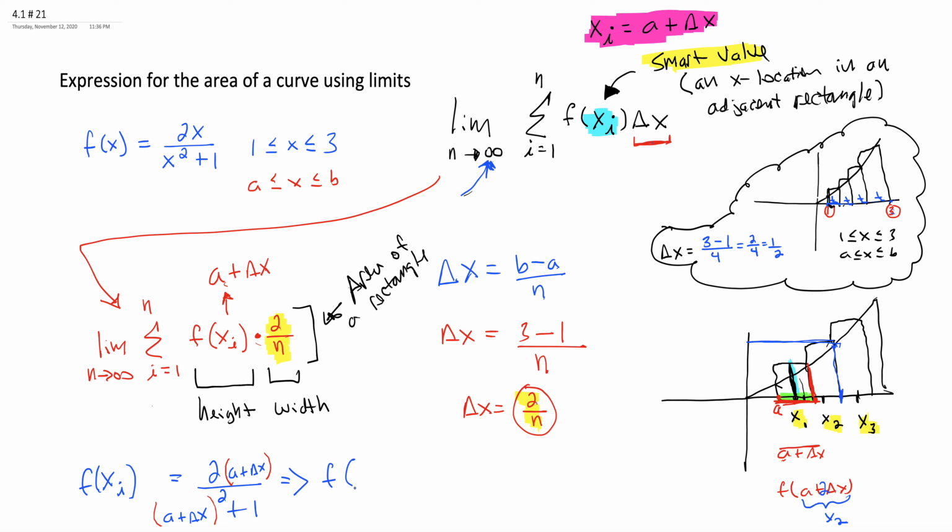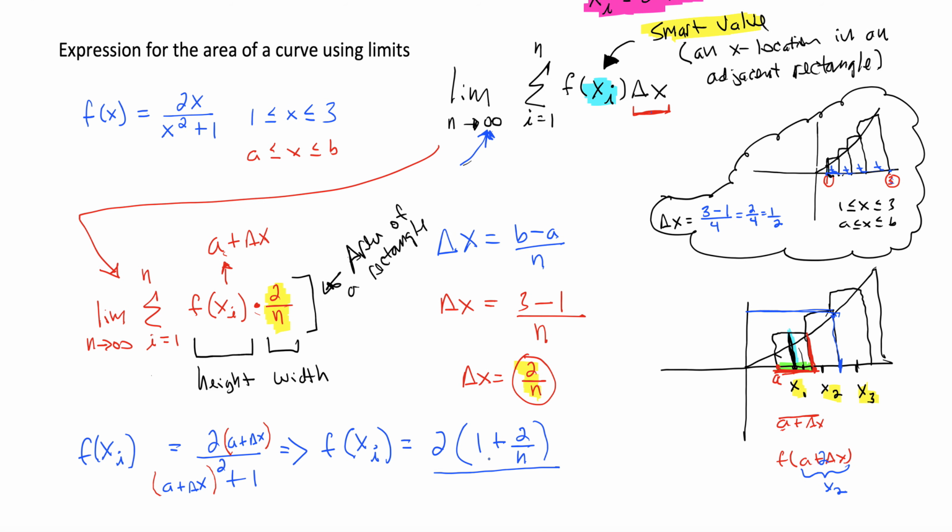Okay, well, I'm going to go over here. And I'm going to say, well, all right, so f of x sub I is equal to 2 times, well, I know what my a is. A is that guy right there, which is that guy right there. All right, so 2 times 1 plus, I also know delta x right here, 2 over n, over, and then right here, a plus delta x, which is the same exact thing, right?